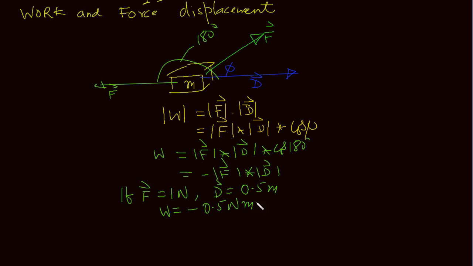Now you must be wondering that if the force is going in this direction, minus x, and displacement is in plus x direction, how is it possible that the block will move? Let me repeat. What happened in this case, force is in minus x direction, but displacement is in the plus x direction, and the work became minus 0.5 Newton meter.